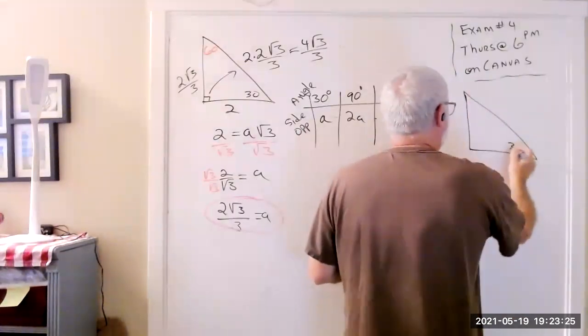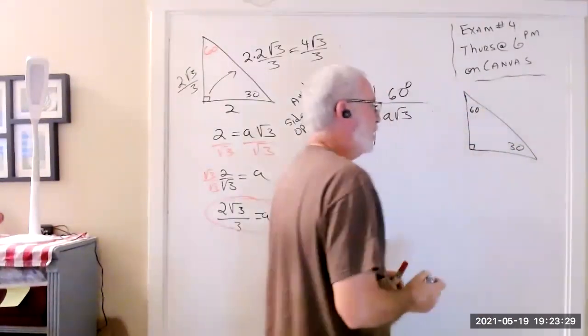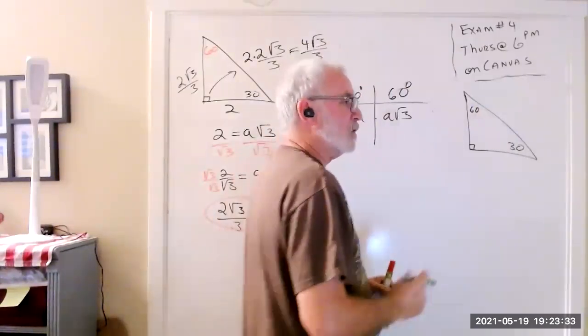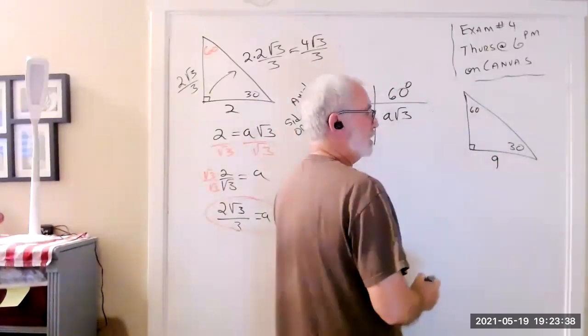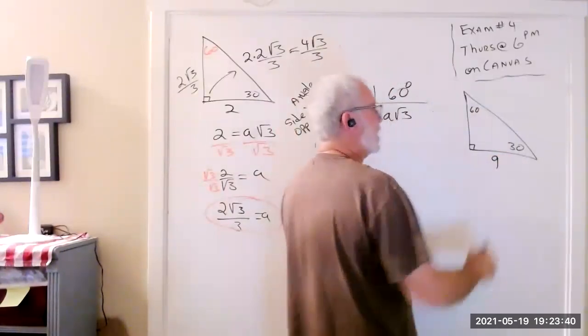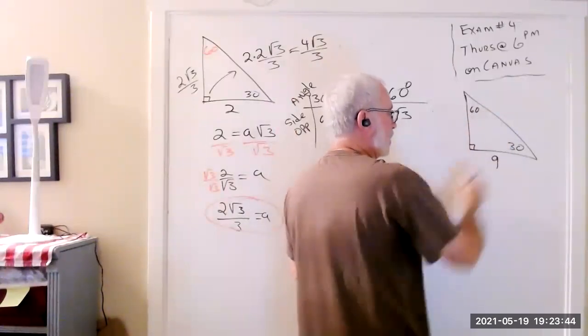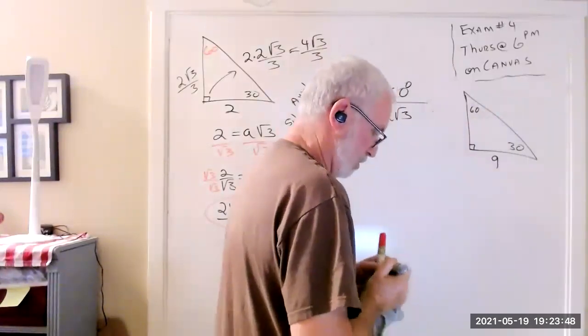Again, everything depends on the placement of the angles, the 30, the 60, the 90. So when you said this was 9, I'm hearing that the side opposite the 60-degree angle is 9. Is that correct? Yes. Okay.